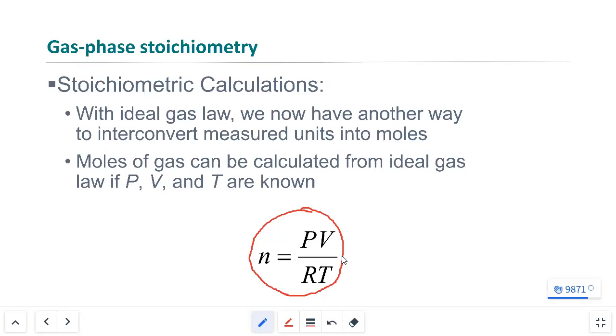Or, if we're flipping it around, and we're trying to figure out how much gas we're going to produce, or how much is supposed to be produced, like a theoretical yield, we can flip this around again and use that number of moles and that temperature and that pressure to determine the volume that is expected.